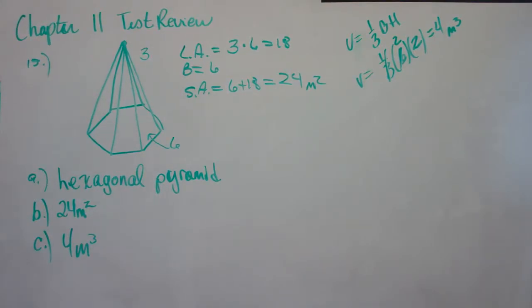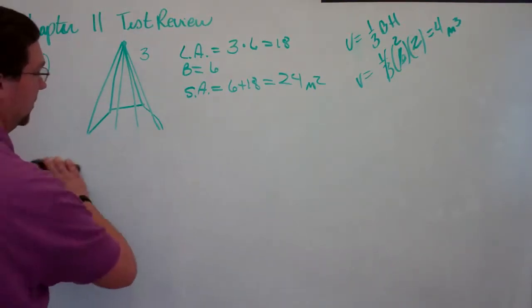Alright, and the last one is 16. 16 says, suppose you build a polyhedron from 2 octagons and 8 rectangles. Without using Euler's formula, how many edges does the solid have? Alright? Without using Euler's formula.